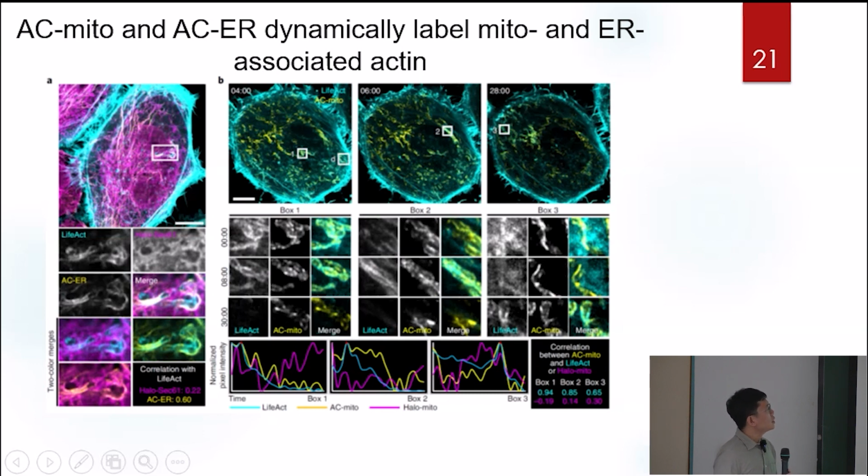Okay, so after they show their method is working, they use it to study the dynamics of actin with mitochondria during the mitochondrial fission process. If you remember the mitochondrial fission process from last week, ER comes in, and then actin from the ER binds to the mitochondria, forms the first contact, and then recruits the mitochondrial fission protein DRP1, then mitochondrial fission.